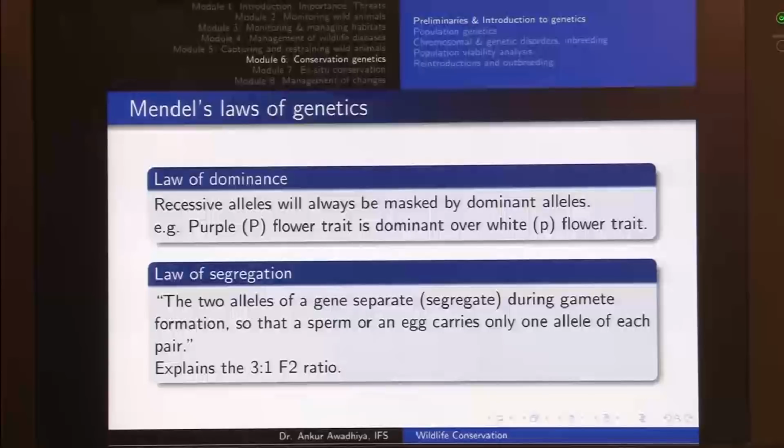So which is why we say that in the case of a phenotype, both the genetic constitution and the environment are important, and it is an interplay between both of these that tells us what sort of phenotype would come out. Now from here we move on to Mendel's laws of genetics.